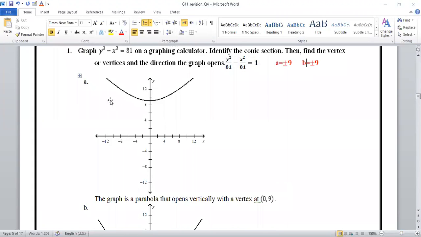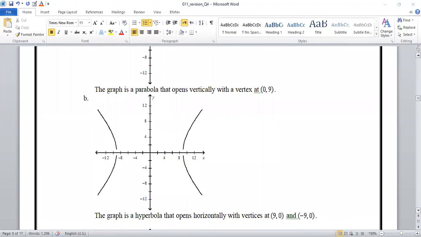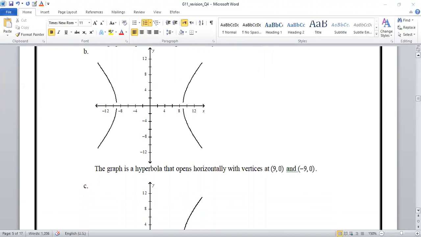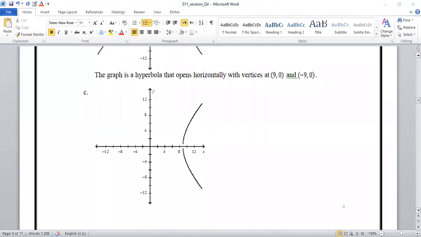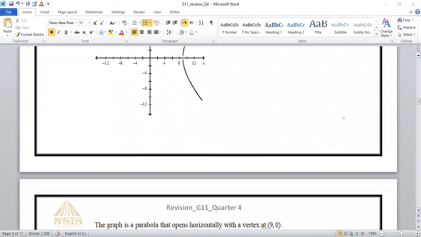Number A is the graph of a parabola, so we reject number A. Number B is the equation of a hyperbola with its transverse axis along the x-axis, so we reject number B. Number C, the figure is a parabola, so we reject it.